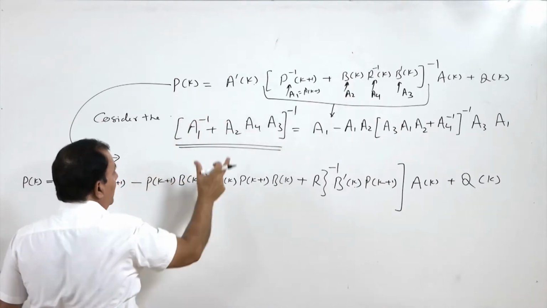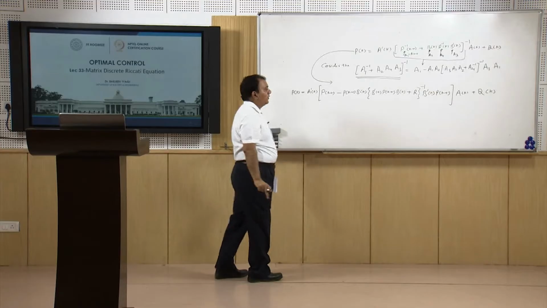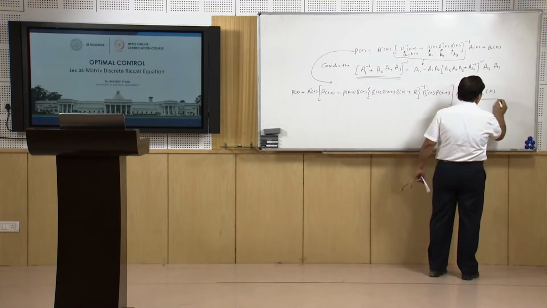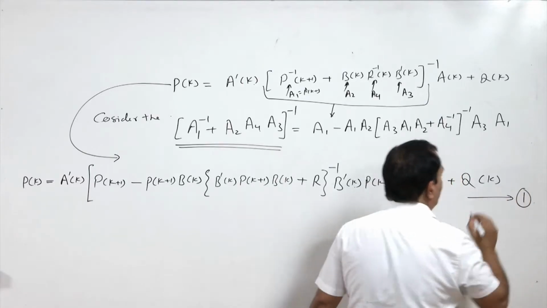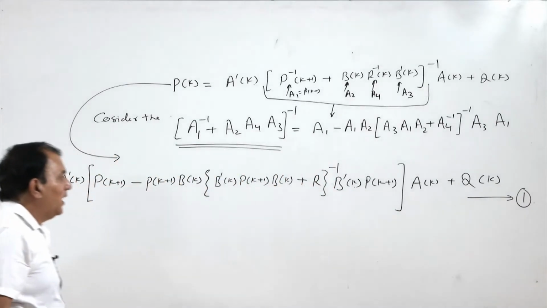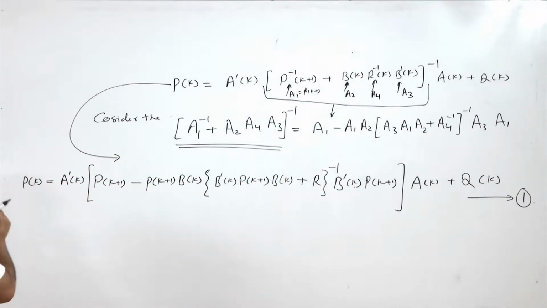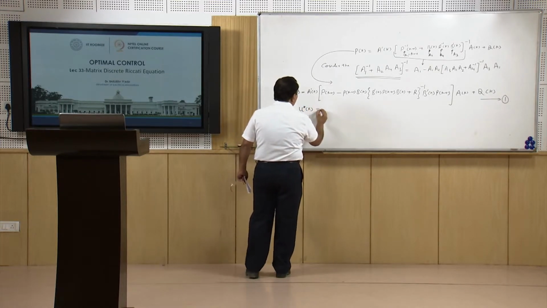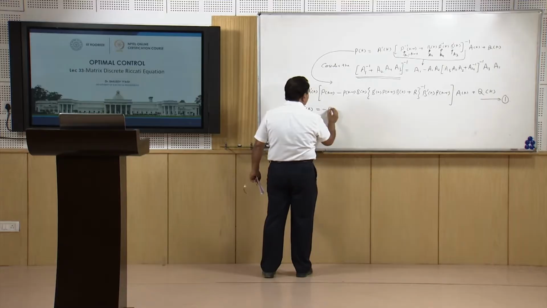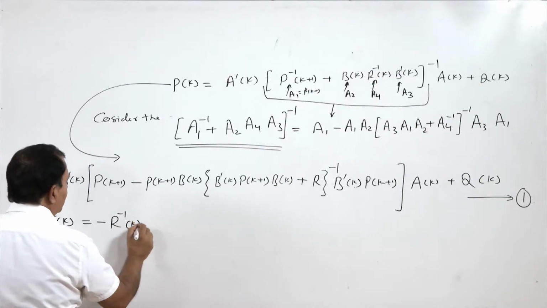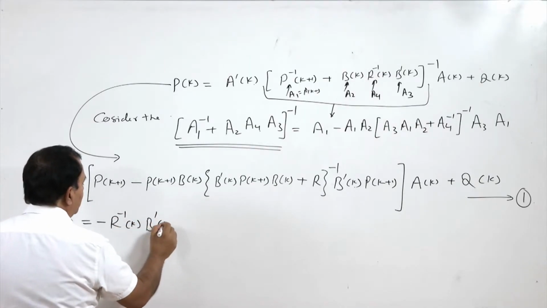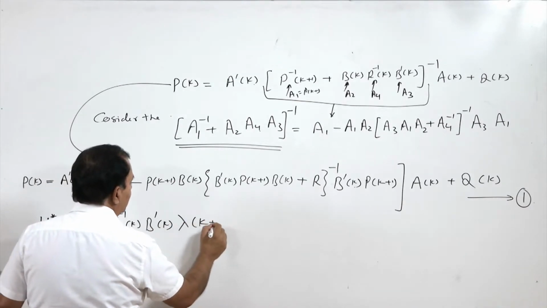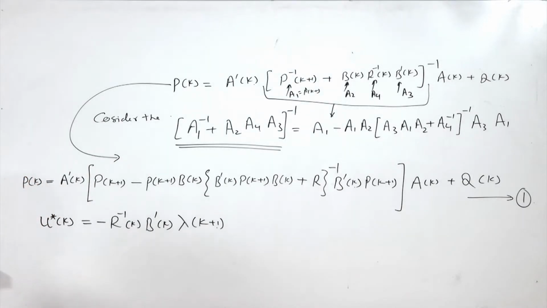So, I can write this equation in this particular form, and let us say this is my equation 1. We will utilize this equation later on. We are given U star k as minus R inverse B transpose lambda k plus 1.